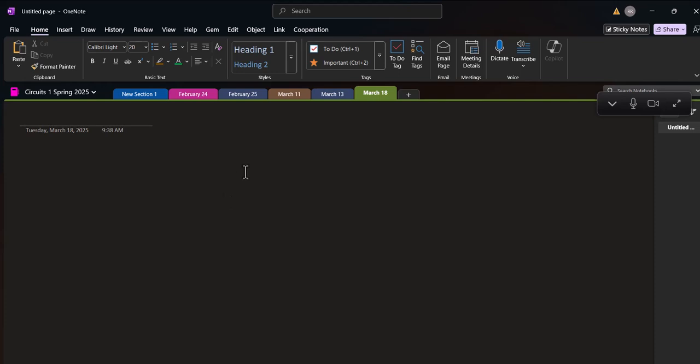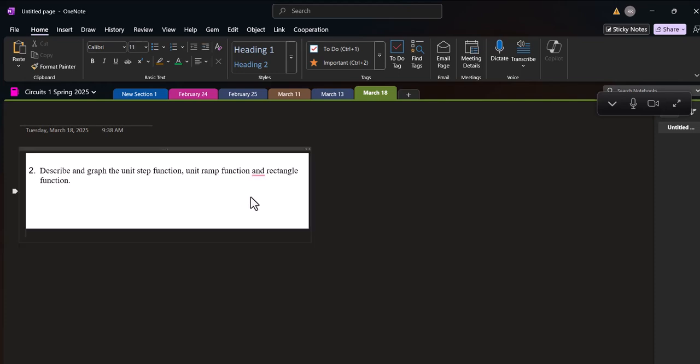Okay, so I just can't think of it. I thought it had another name, but I can't think of what it is.